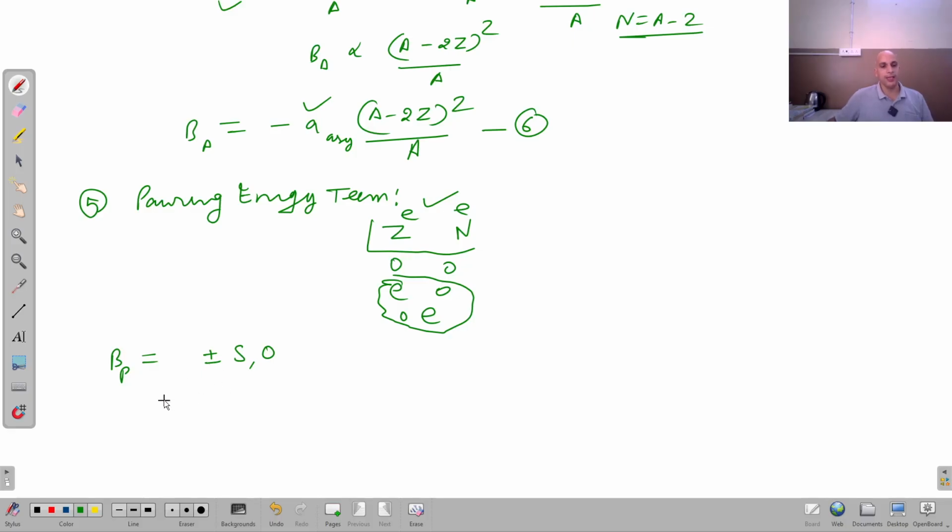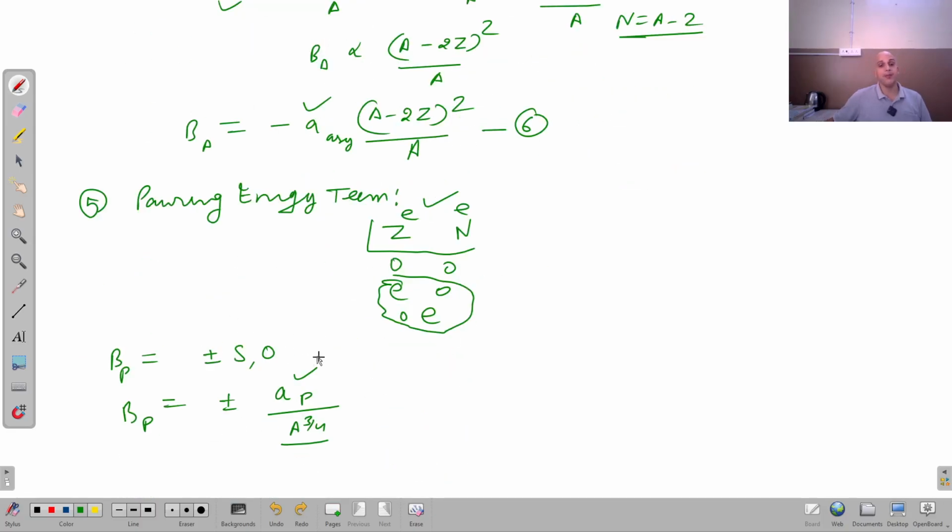We wrote this term as plus minus A pairing divided by, it is found that this term depends upon, this result is directly taken from experimentally observed facts, and here this is the constant. Why did I take plus minus?